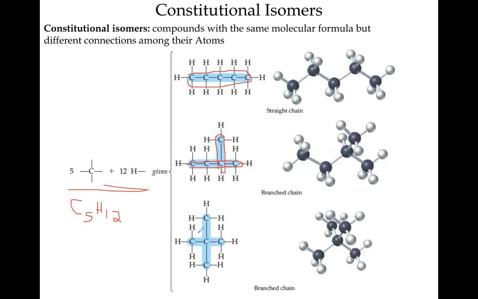Or we could have this kind of T-shaped structure, okay? We still have 5 carbons and 12 hydrogens. All of these have the same number of carbons, the same number of hydrogens, but have very different molecular structures based on how those carbons are arranged. And therefore, they will likewise have different properties associated with them.